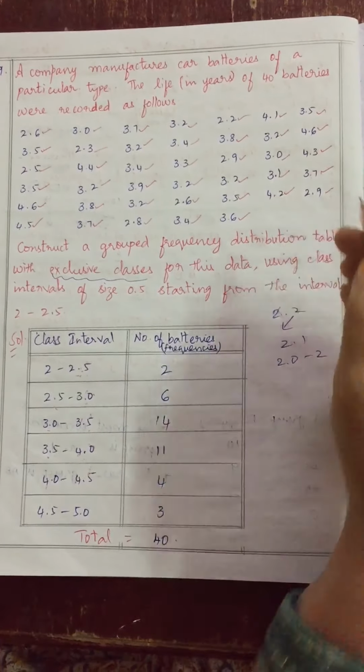Count all these numbers, you will get 40. He mentioned a company manufactures 40 batteries. So the total is 40. That means our group frequency distribution table is correct. Am I clear, children? How to prepare the frequency distribution table? Here he mentioned to use the exclusive class interval and prepare the group data. Group data means we should take 10 to 20, 20 to 30, 30 to 40, like that.